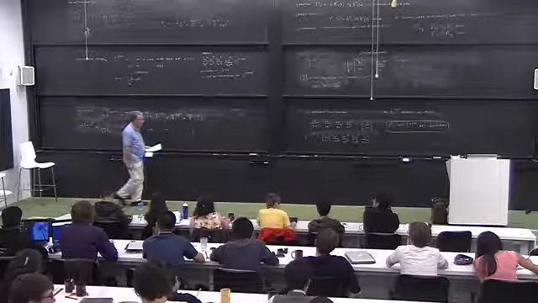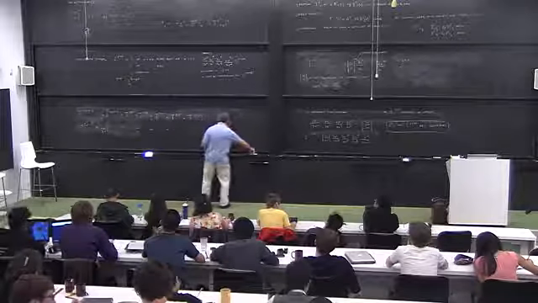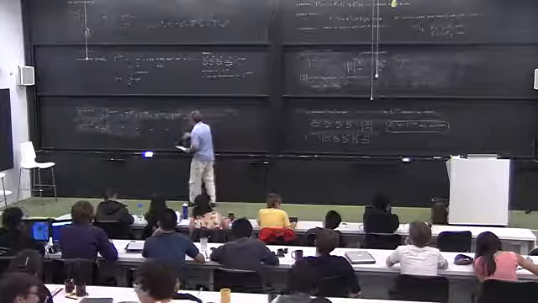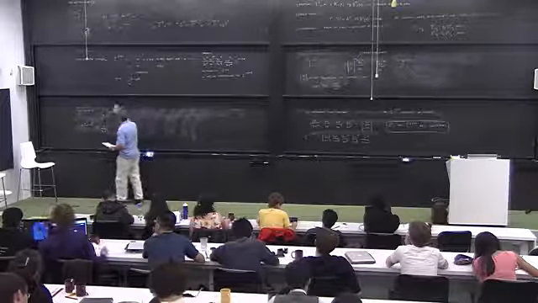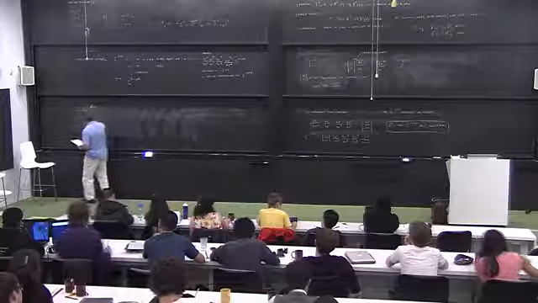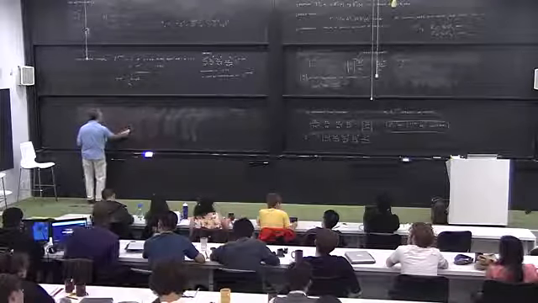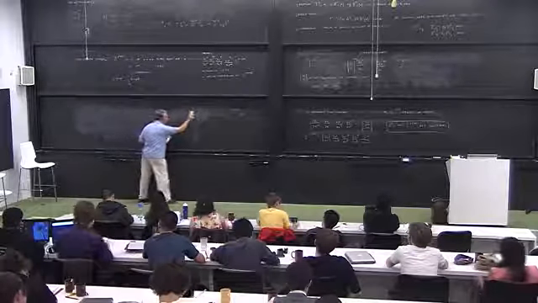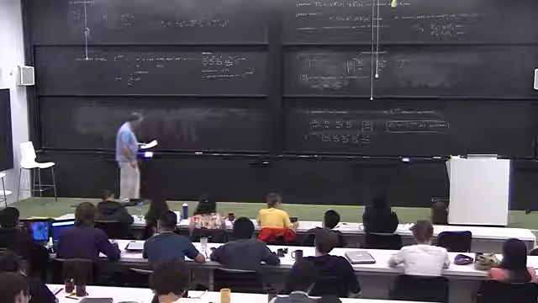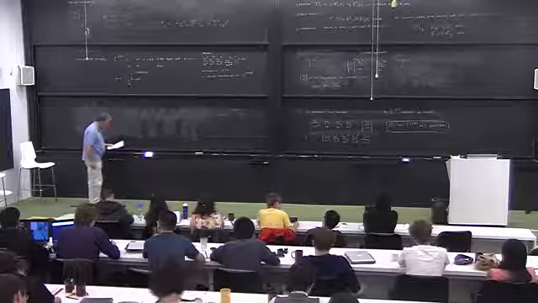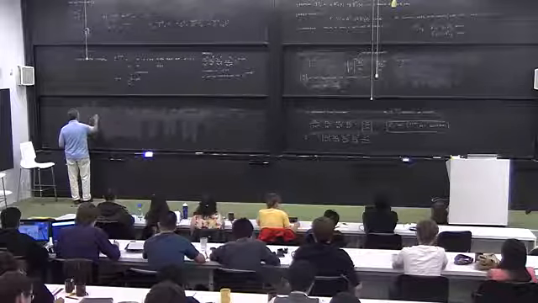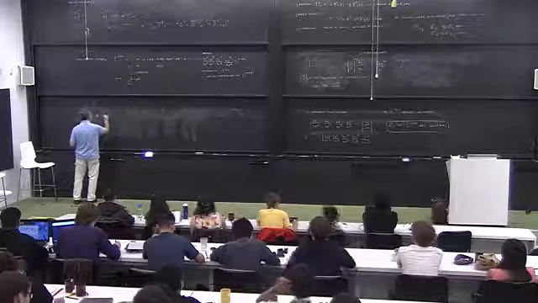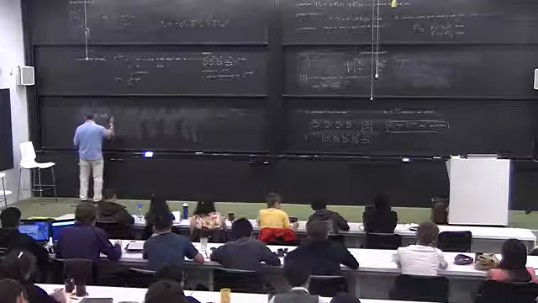Now there's another example of a tensor density that's very important for the physics, and that's the determinant of the metric. The metric you can regard as a 4x4 matrix, so it has a determinant, and we define g to be the determinant of g mu nu.